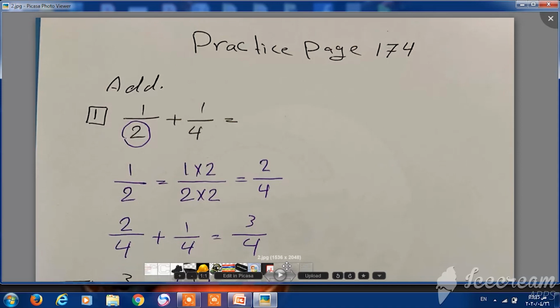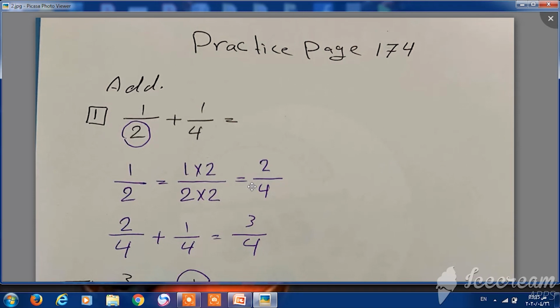Okay, numbers 1, 2 and 3, we should find the sum. Look, we have 1 over 2 plus 1 over 4, and we take 1 over 2 because 2 is less than 4, and we find an equivalent fraction for this. We change 2 to 4, so 2 multiplied by 2 equals 4, and when you multiply the denominator, you must multiply the numerator also, and 1 multiplied by 2 equals 2.